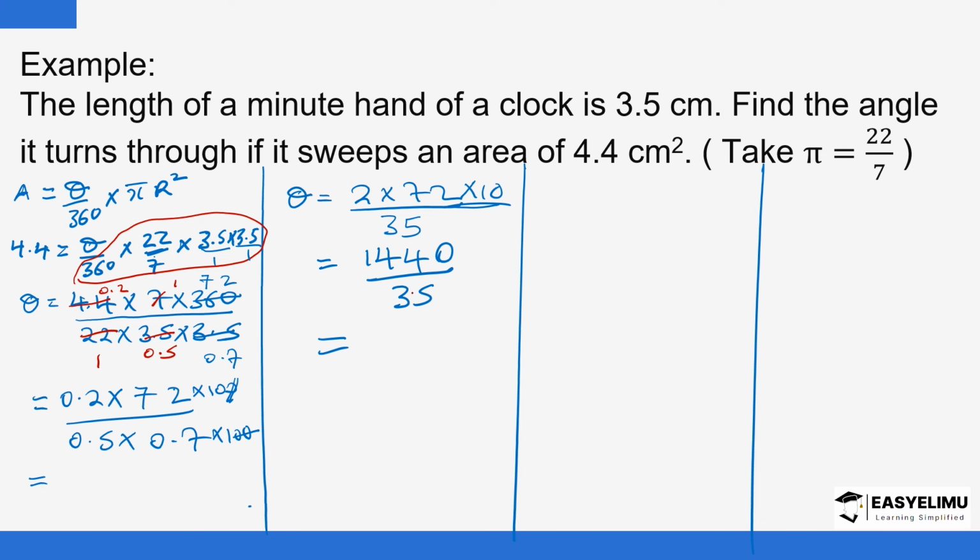We can have 5: 5 goes into 1440 and into 35 seven times. So what we have remaining then is 288 over 7.